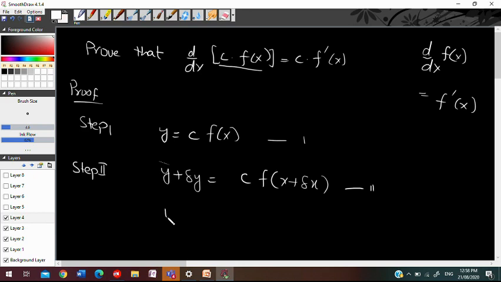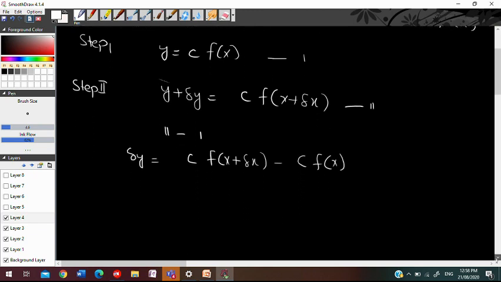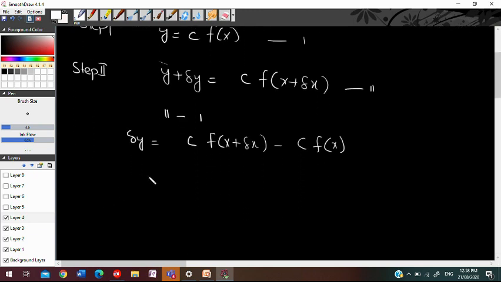And the same, second minus 1, we get del y is equal to c f of x plus del x minus c f of x. And if I take c as common, c times f of x plus del x minus f of x.